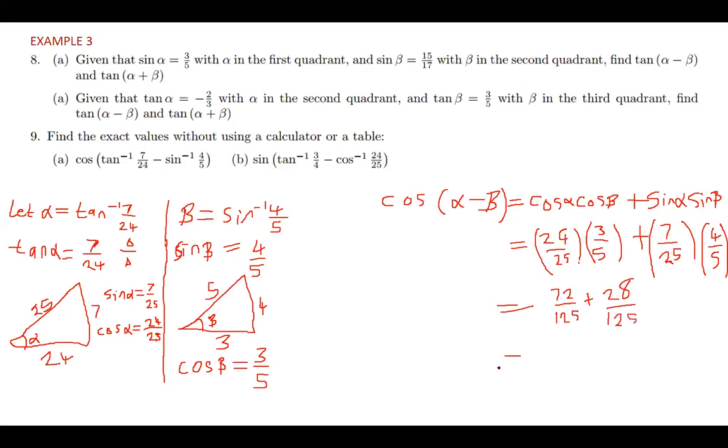Then you add the two, you discover that your answer is, does this give 100? Yeah, 100 over 125. This is the answer that you're going to have.